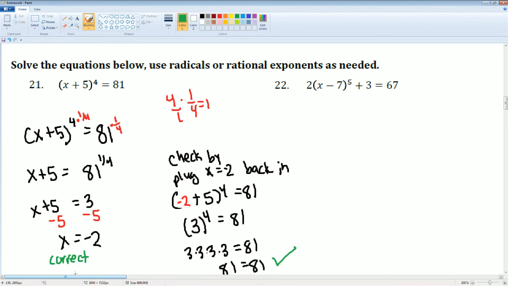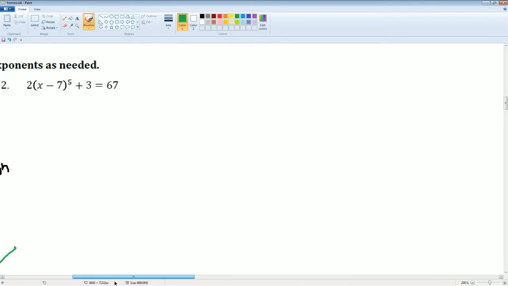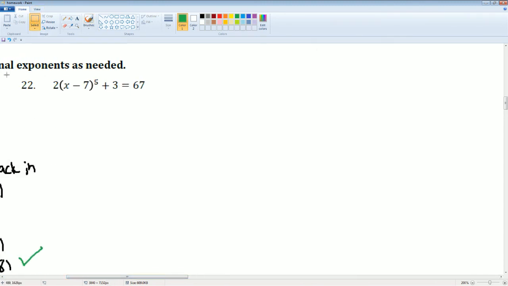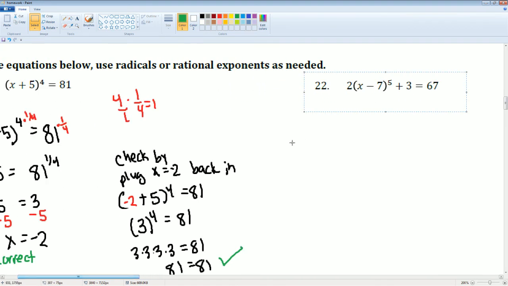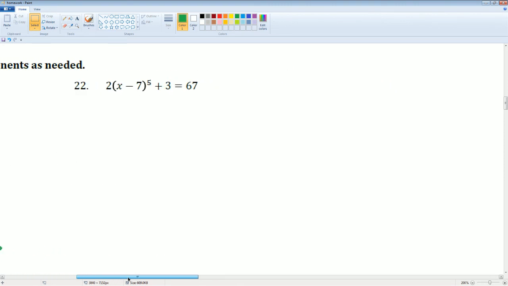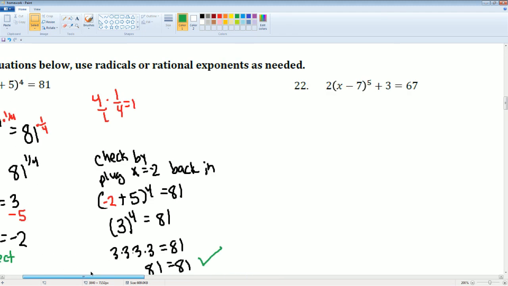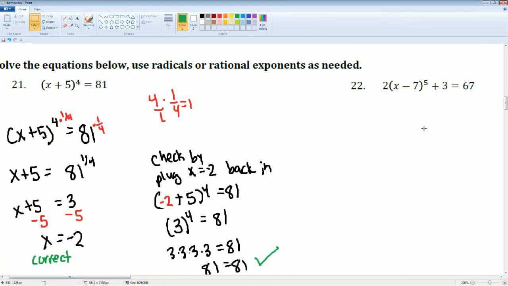Let me move this to the right hand side so I can get a little bit more working room, okay? Same process here. I'm going to do some steps here to bring you to this. Okay, but you have to finish the rest. So in this one, do you want to deal with the 5 first? No, you want this problem to look something like this problem.